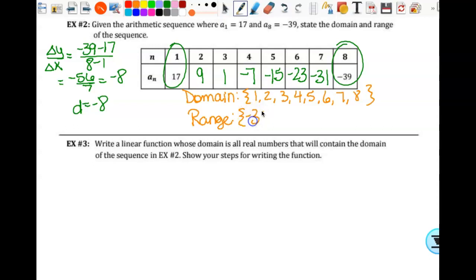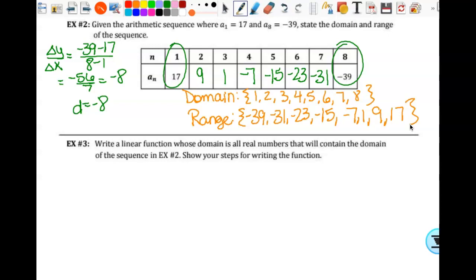We're going to get negative 39, negative 31, negative 23, negative 15, negative 7, 1, 9, 17. We should be writing things from least to greatest.